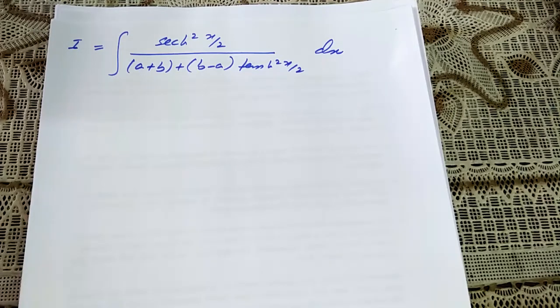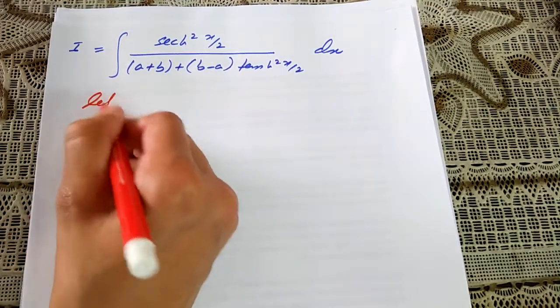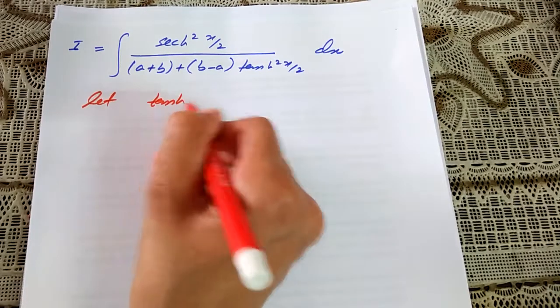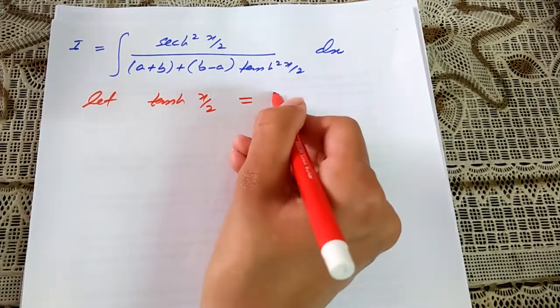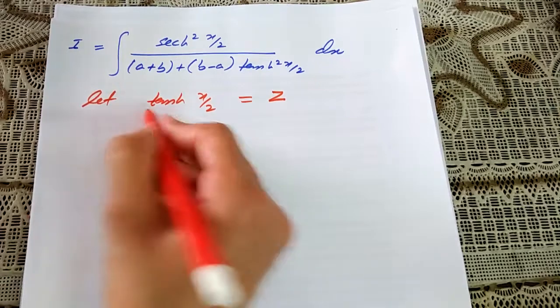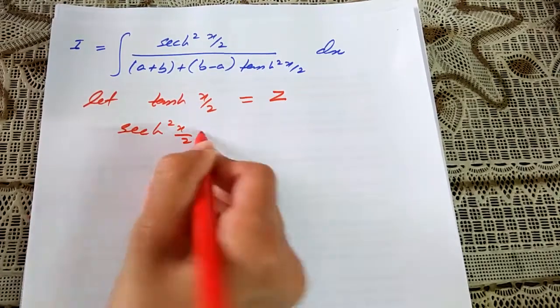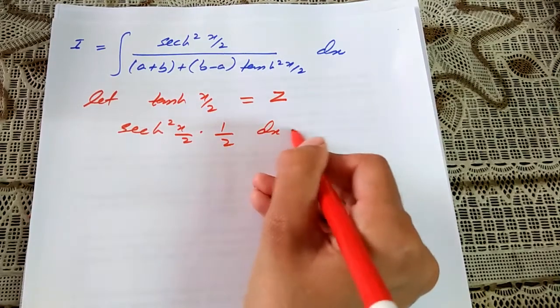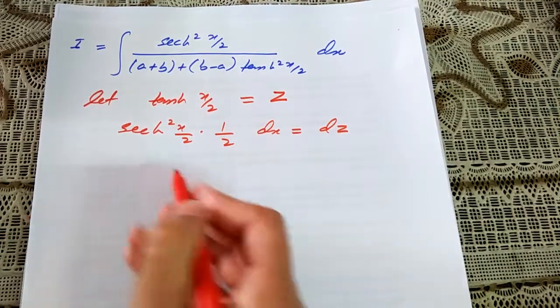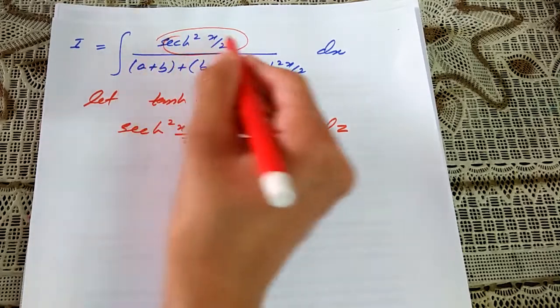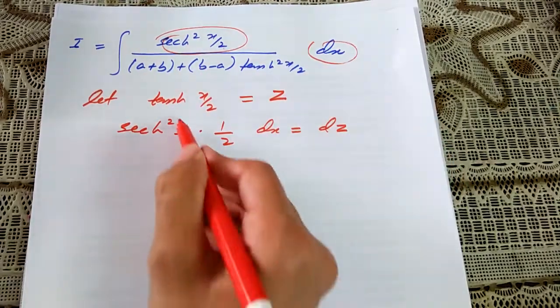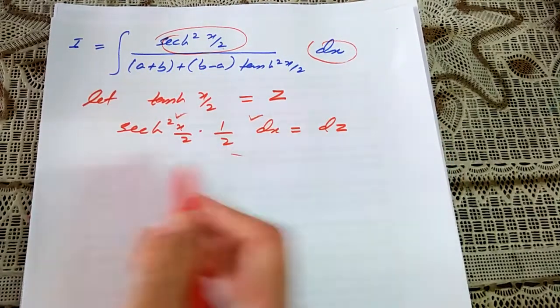Now I need some substitution here to simplify it. For that purpose, let tanh x by 2 be equal to z. So take the derivative on both sides, we'll get sech squared x by 2 times 1 by 2 dx is equal to dz. Now we have only sech squared of x by 2 and dx. So retain these terms here and move this 2 to the other side.